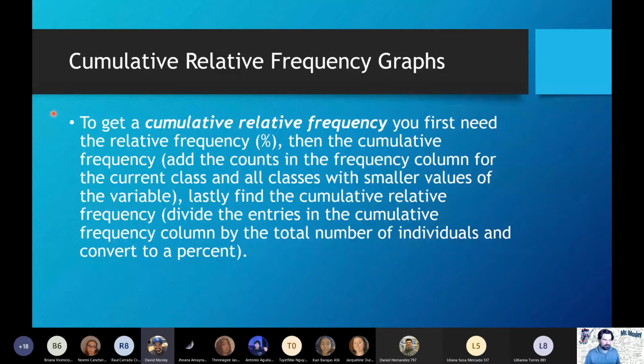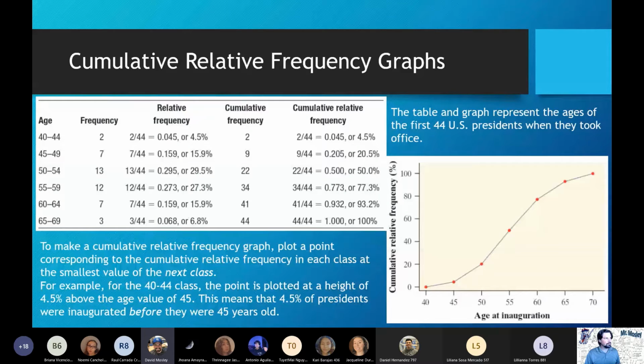Good. All right, so here's our example. We have a table and graph here, and it represents the ages of the first 44 U.S. presidents when they took office. Our first few columns here, we've seen before with other examples, different values and such, but we've done these things before.